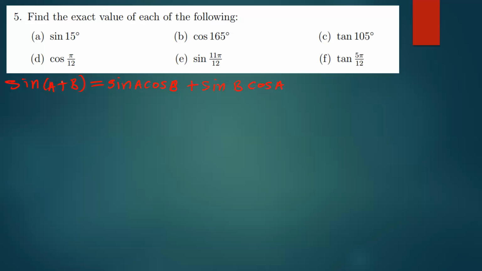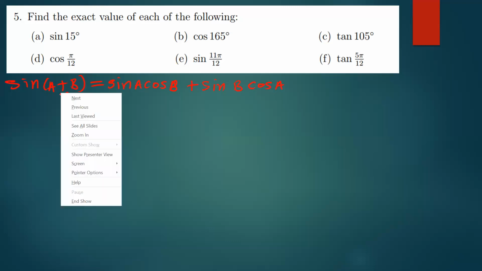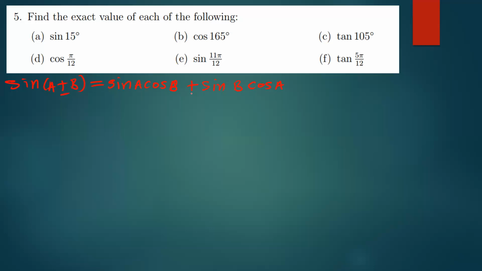For sine, the sign in between: whatever sign you have there is exactly what you're going to have here. If there's a plus there, you're going to have a plus here as well. That is how you know the compound angle formula for sine.